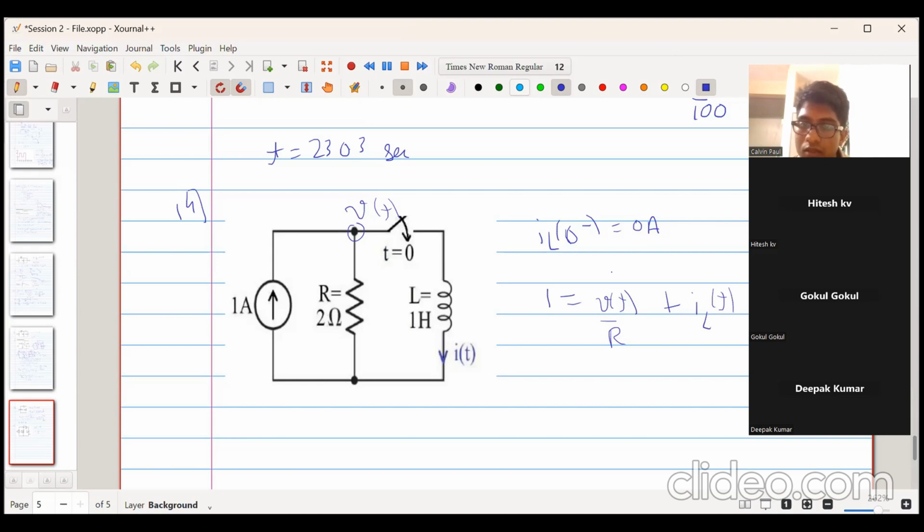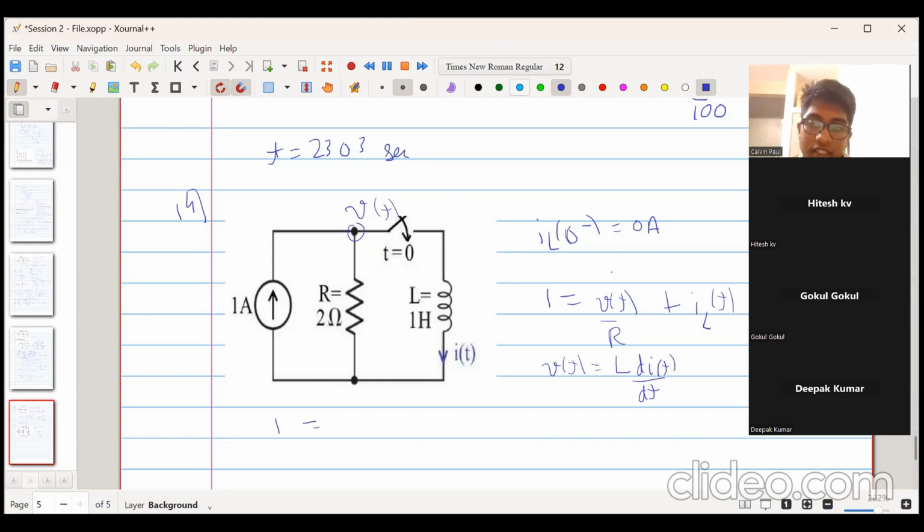Now this V of t is equal to L into di by dt, because the same voltage is the voltage across the inductor. So that's why I substitute V equal to L into di by dt.